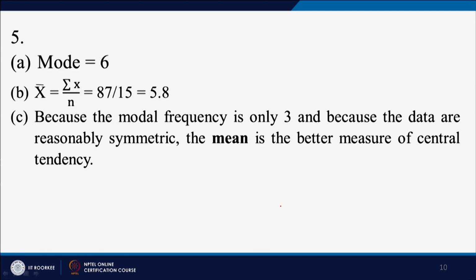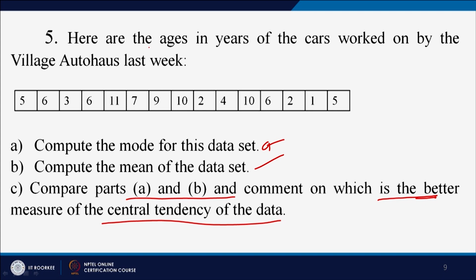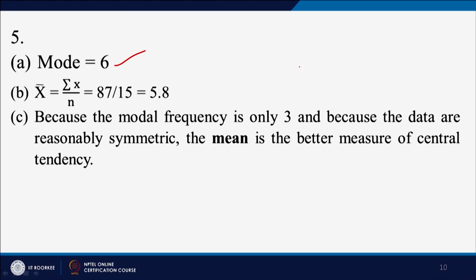So, let us calculate. So, mode is 6. Why 6? Because it is coming 3 times, 1, 2, 3, right. So, mode is 6, mean is 5.8. Now, which is better out of these two? So, because here the modal frequency is only 3, right, it is not coming for a large number of times.